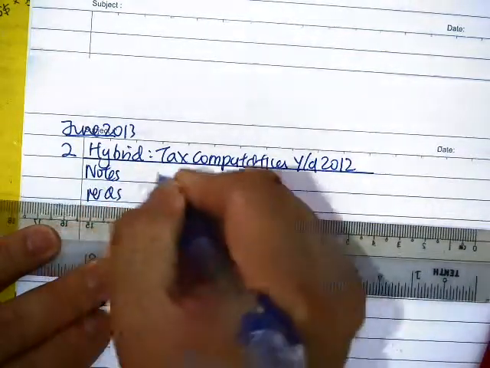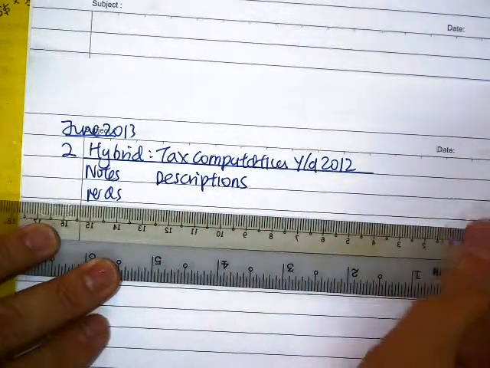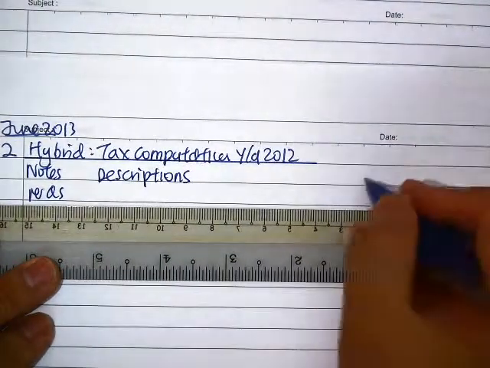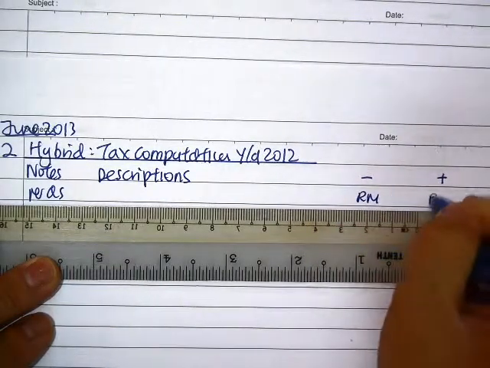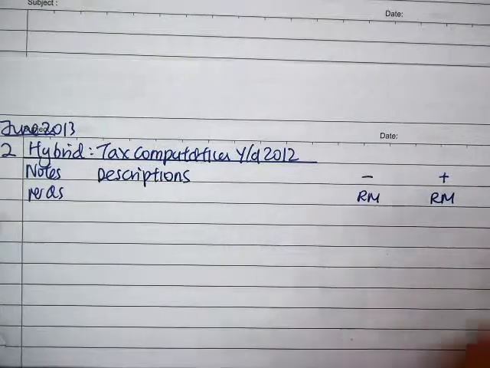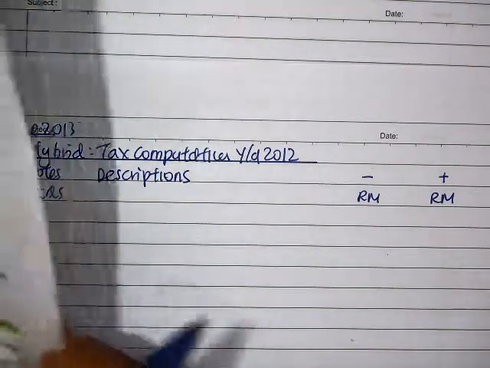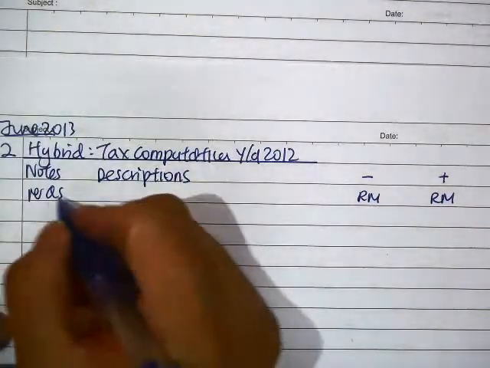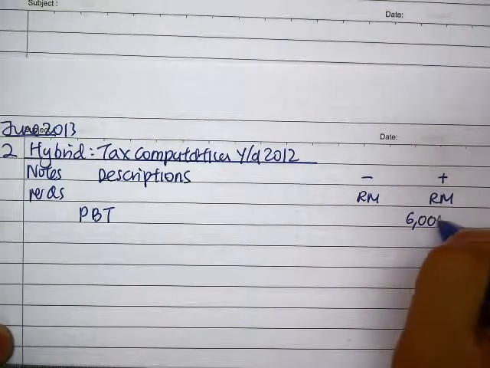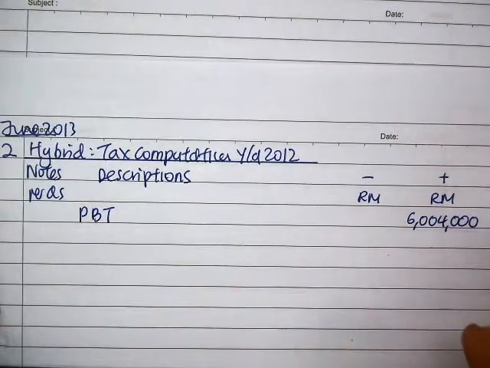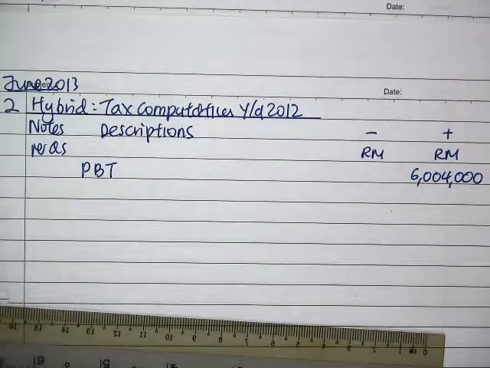Notes per question, description, then minus, plus. Profit before tax, 6004.